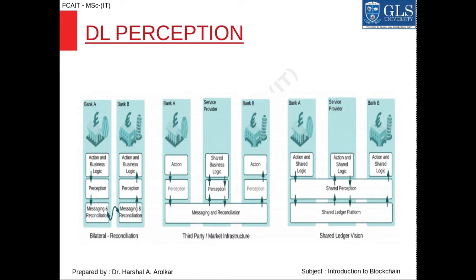Okay, in figure 2, as you can see, the third party or the market infrastructure. Here also bank A and bank B want to do some interaction, but here we have added one another entity which is known as a service provider.